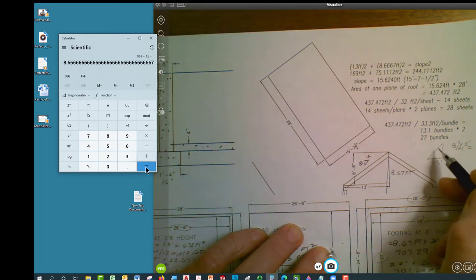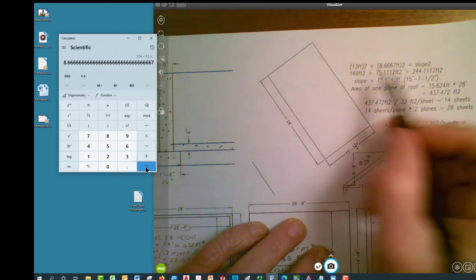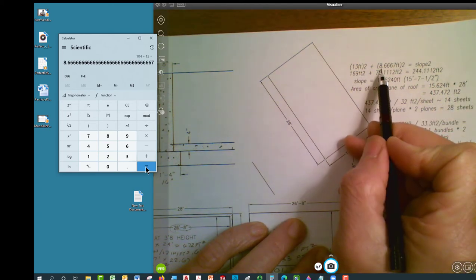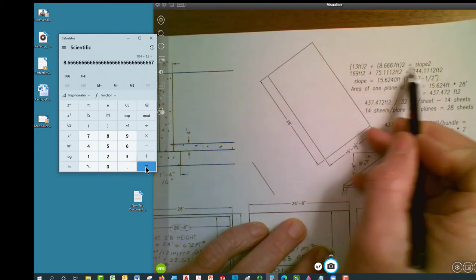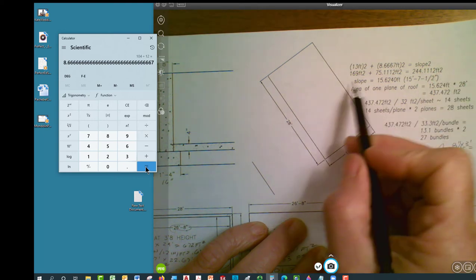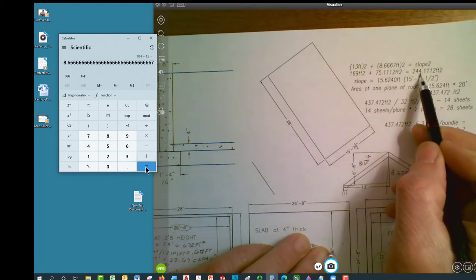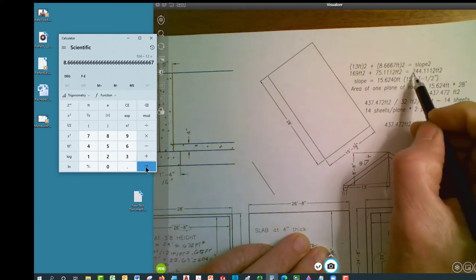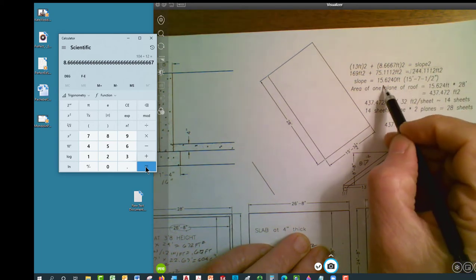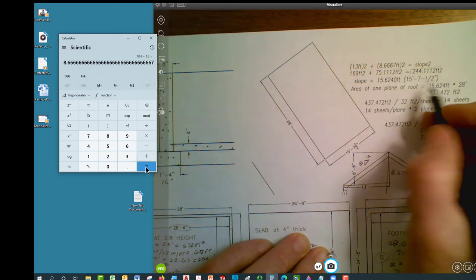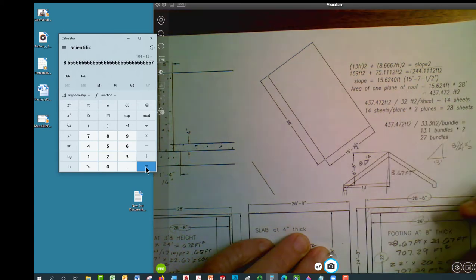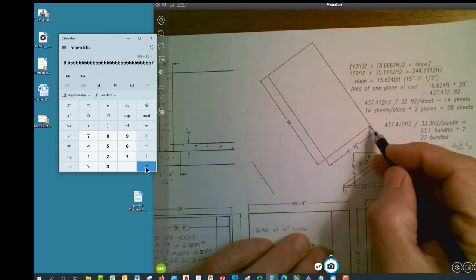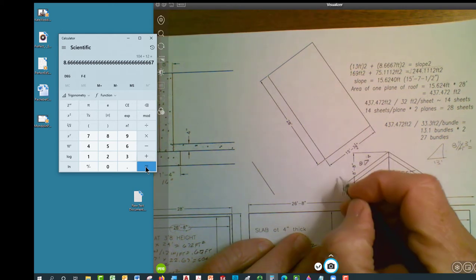Take the square root of that number and you'll get the slope. So 13 feet squared plus 8.66667 squared equals the slope squared, which means the slope squared is 244.112 square feet. Take the square root of that number now, and you get 15.6740, which is 15 feet 7.5 inches. The distance from here to here is the same as the distance of here to here.